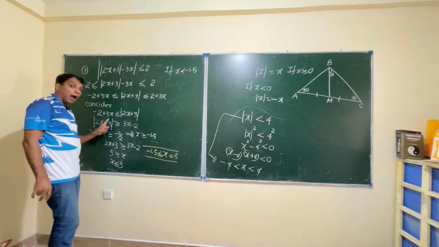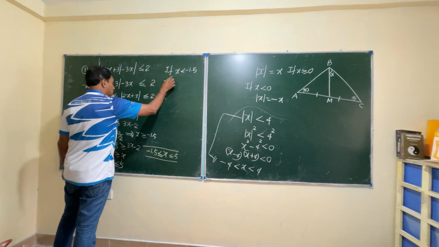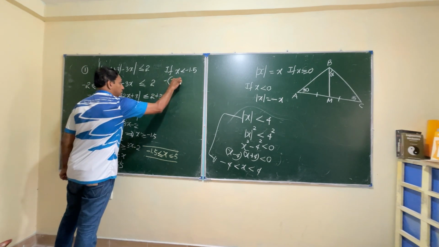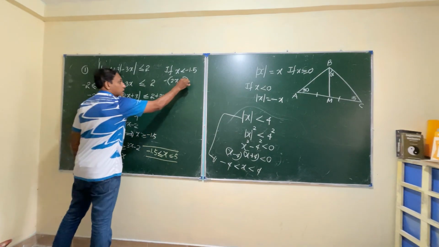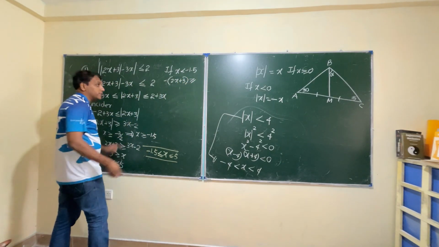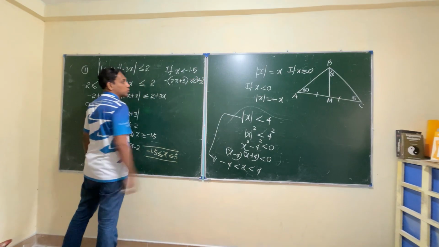It is negative, so you put an extra minus and write it: 2x plus 3, okay? Greater or equal 3x minus 2.